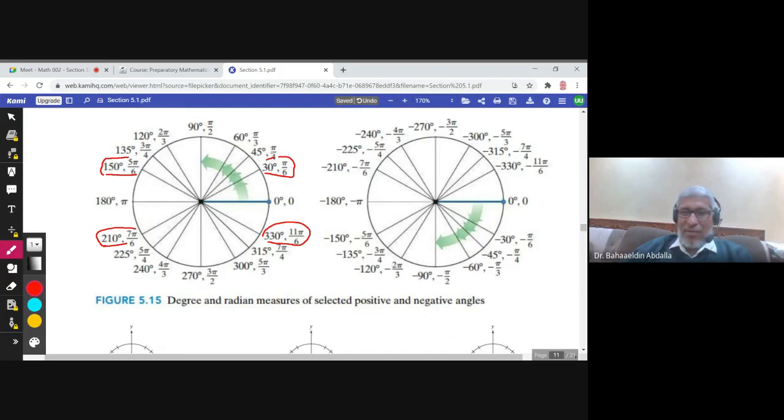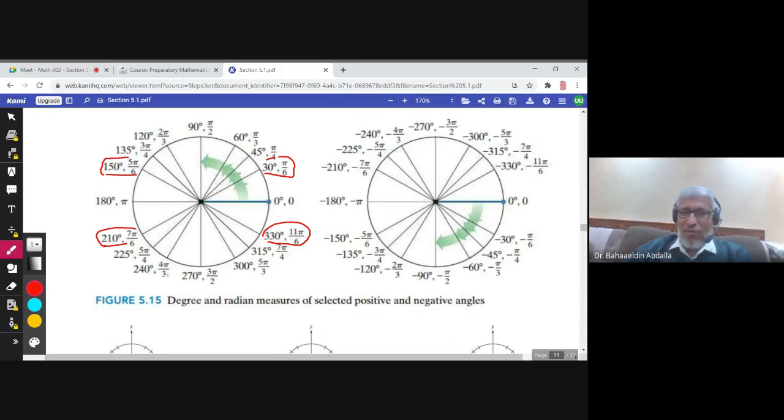And then pi over 4, 3 pi over 4, 5 pi over 4, and 7 pi over 4 together. You notice that the denominator is always 6 here, while here the denominator is always 4, and here the denominator is always 3. So this is pi over 3. This is 2 pi over 3.